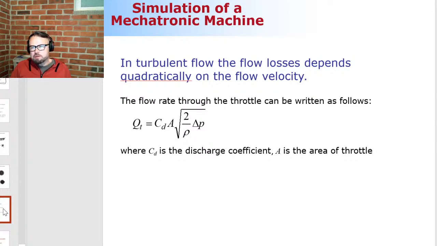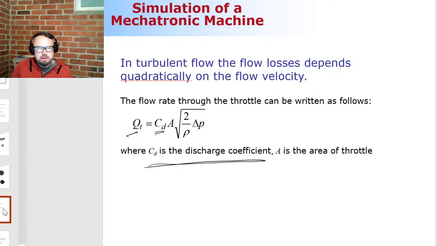This is how it looks. In a turbulent flow, theoretically, you can write the flow rate as equal to the discharge coefficient, which depends on the case. We will put that aside in a minute because we are starting to look at how you can model the different components. In component modeling, it's going to be overly difficult to use something like a discharge coefficient.